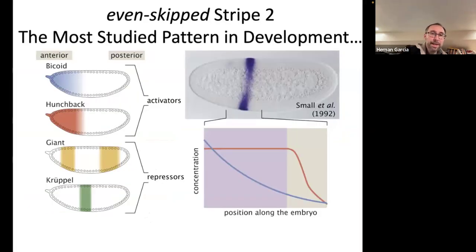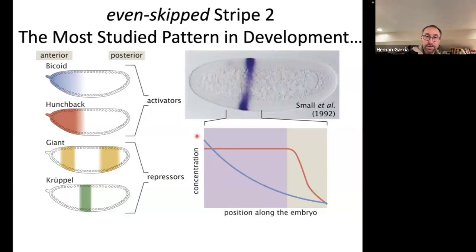And the main player we're going to be thinking about today is probably the most understood pattern of gene expression in development, which is the stripe 2 of one of the 7 striped genes called even-skipped. Okay, so even-skipped, you see it here with measurements of in situ. This is accumulation of RNA. We know that even-skipped is created by 2 activators and 2 repressors.